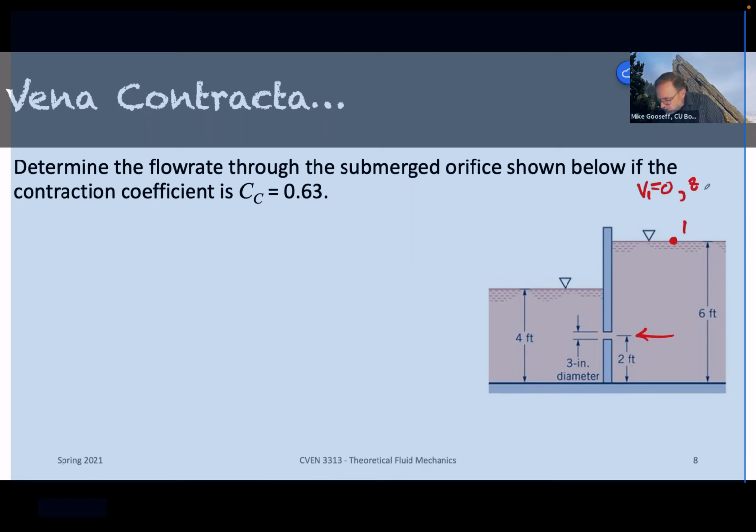So Z1 is equal to 6 feet, and P1 is equal to 0. But if we want to know the flow rate through a 3-inch diameter hole, and we're not really told that it's round, but we're told orifice, and more importantly, we're told diameter, then we expect that it's round.